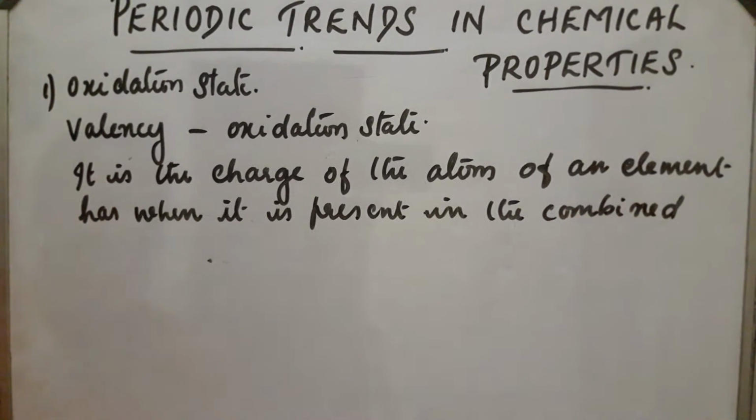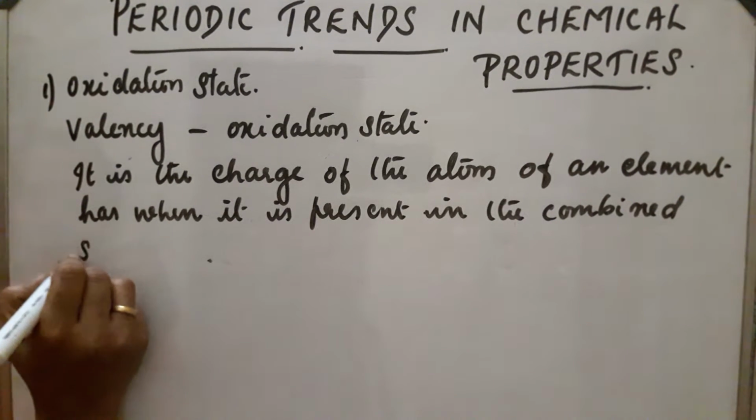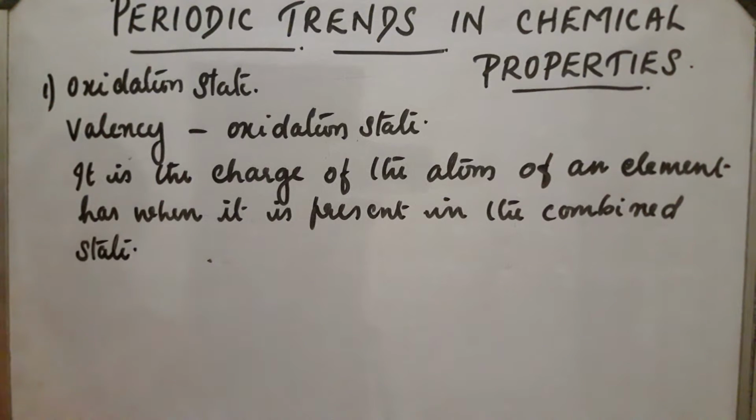The atoms are having a particular charge, and this charge is called the oxidation state. So electronegative elements have negative oxidation state and electropositive atoms have positive oxidation state.